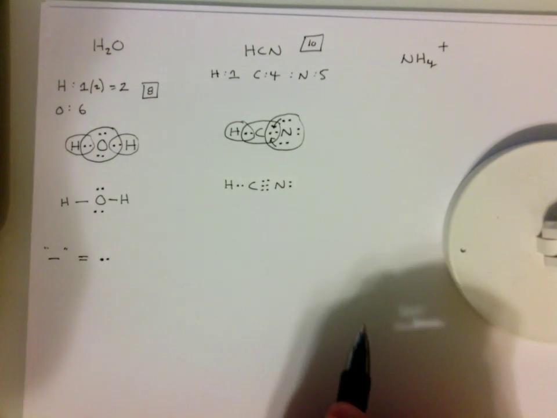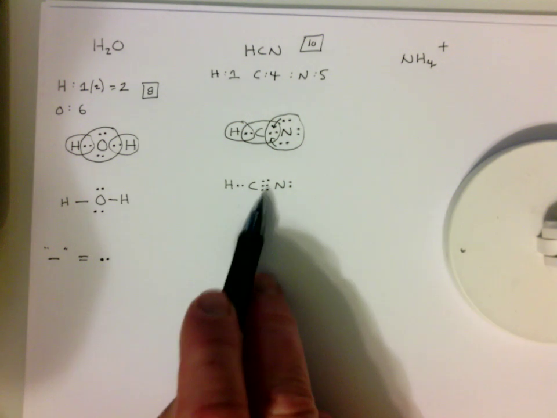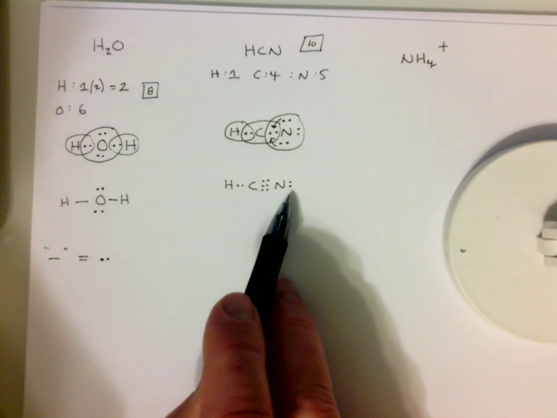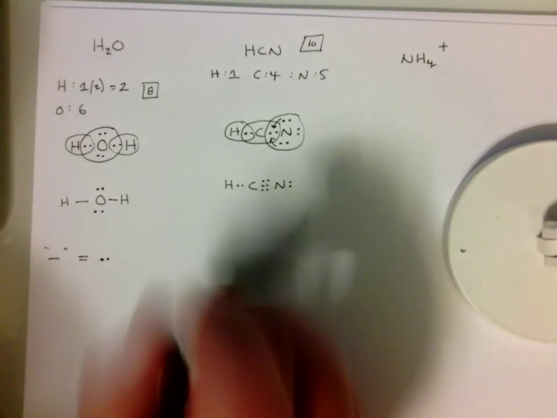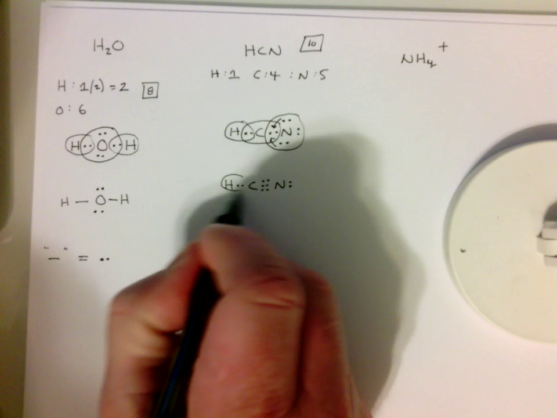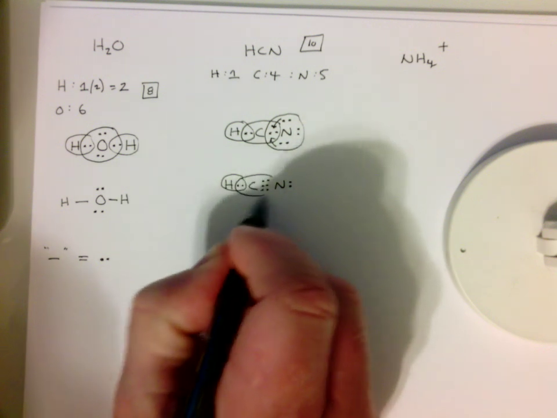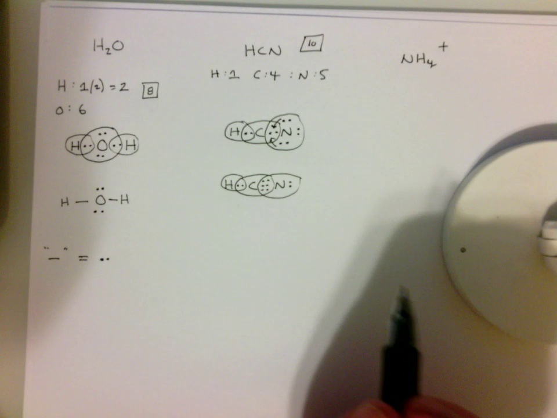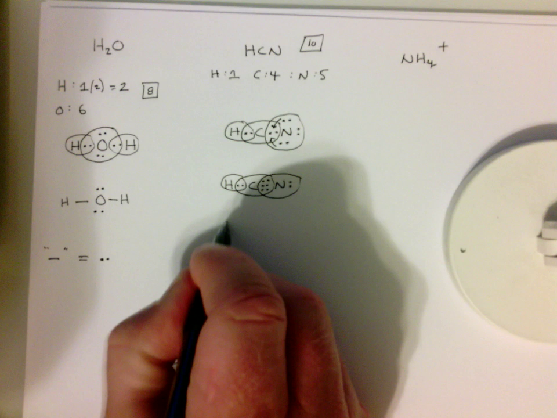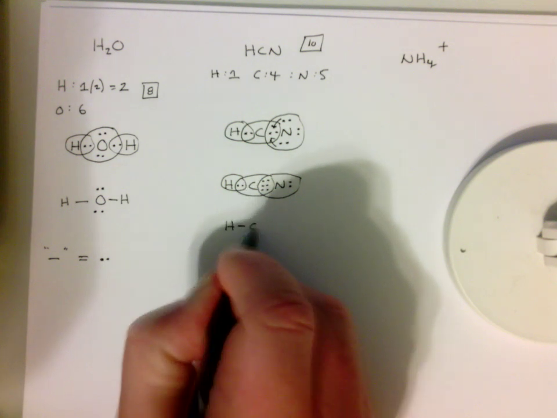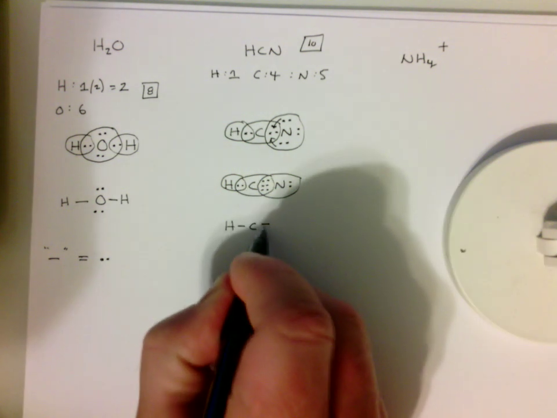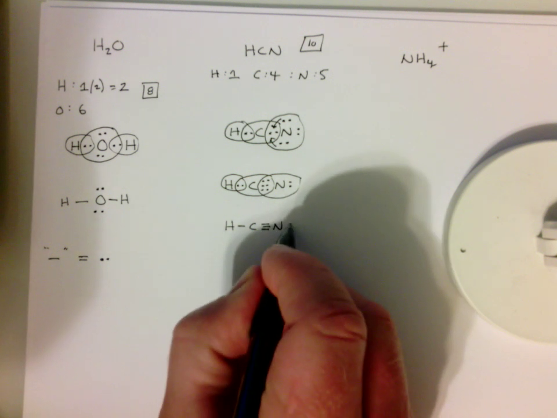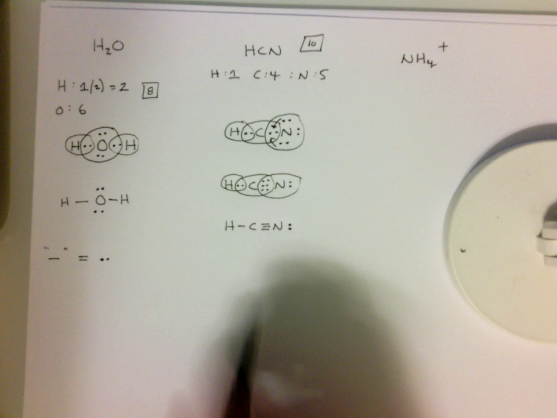We've still used our 10 total electrons, 2, 4, 6, 8, 10, but now we've satisfied octets for every element: hydrogen, carbon with its 8, and nitrogen with its 8. We're going to redraw it one more time. We're going to show a single bond between the hydrogen and the carbon, a triple bond between the carbon and the nitrogen, and one unshared or lone pair of electrons.